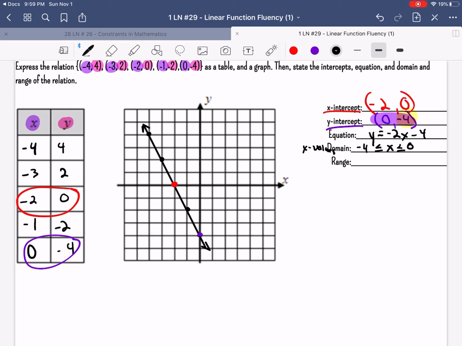So for y, I like to write it that way just because it is really less writing. I said that x is between -4 and 0. I got these numbers from the table and also from the points. So I'm going to say y is between -4 and 4.